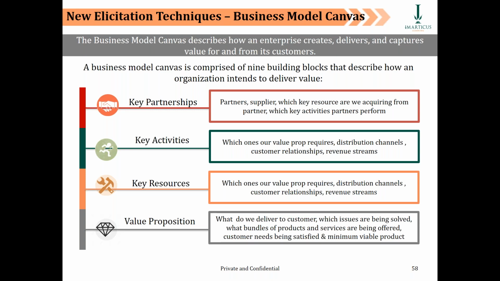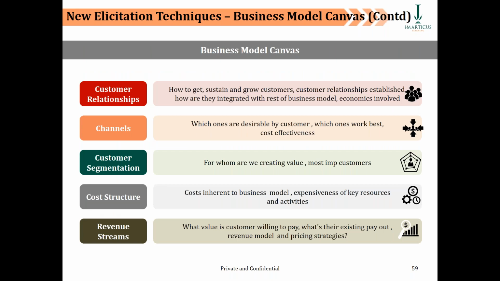Do you think there is a value in discussing that? If the answer is yes, then pick up this point. Similarly, other points. So what you have to do, guys, is you have to see the right fitment of the elicitation technique and then carry on with that. That is the key to the success story.